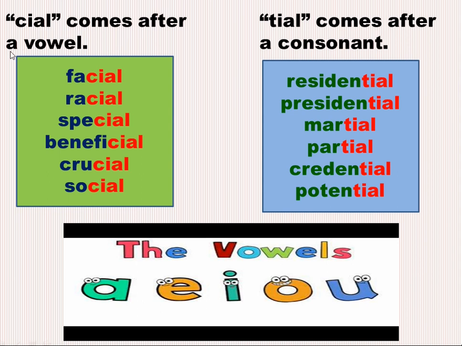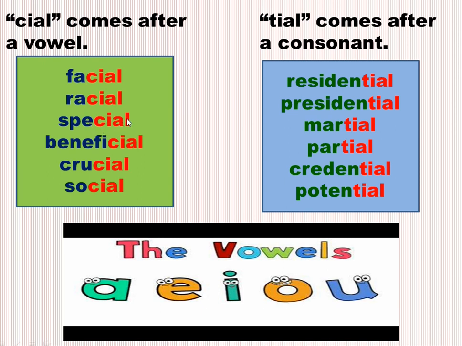cial comes after a vowel. Okay, facial, here A is a vowel. You can see the vowels here: A, E, I, O, U. They are the vowels. So cial comes after a vowel. A, cial, special, E is a vowel. After E we have to add cial.